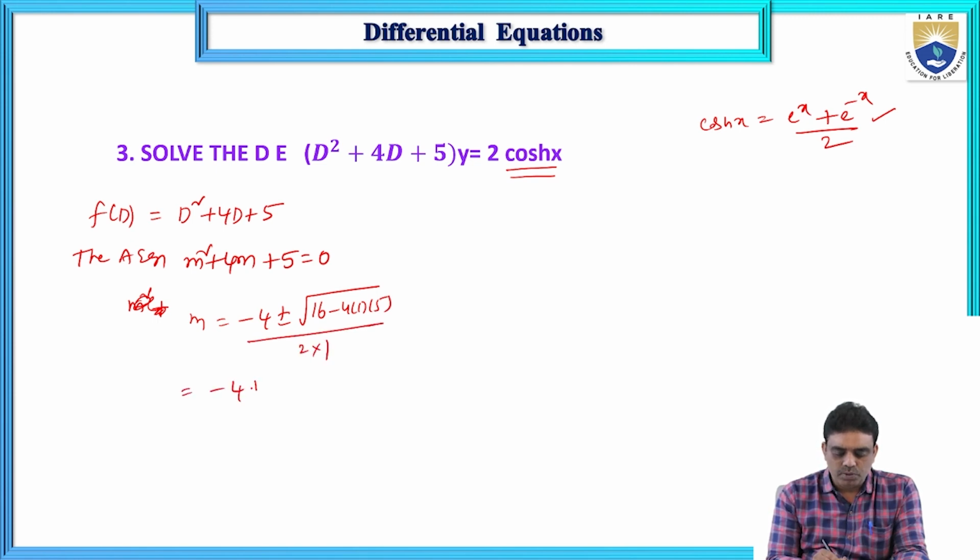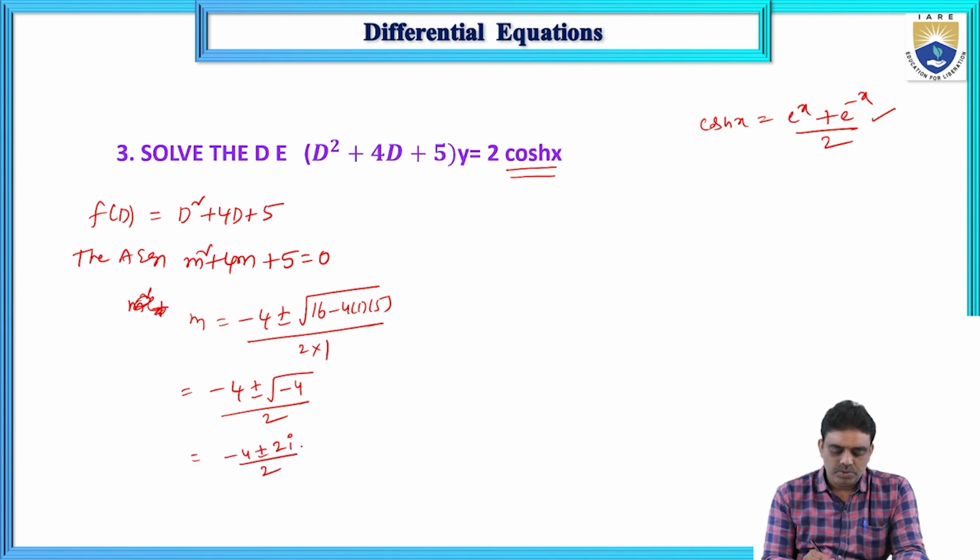It is minus 4 plus or minus root of 16 minus 20. That is 16 minus 20 means minus 4, by 2. That means minus 4 plus or minus 2i by 2. So this is minus 2 plus or minus i.